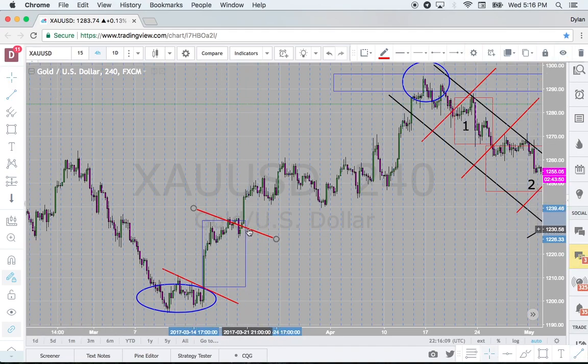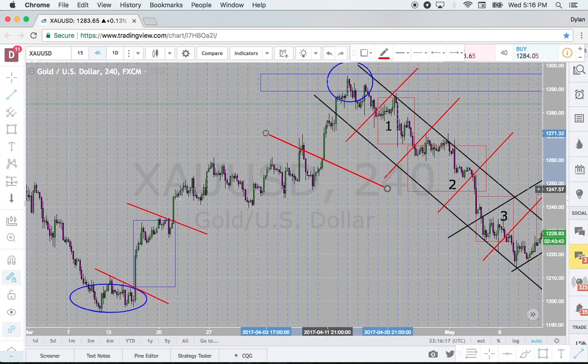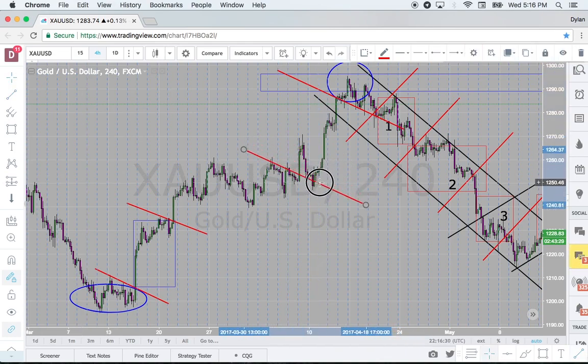This is level 1. Here is level 2. And then here is level 3. We could maybe even say something like this. Level 3, level 2 here.